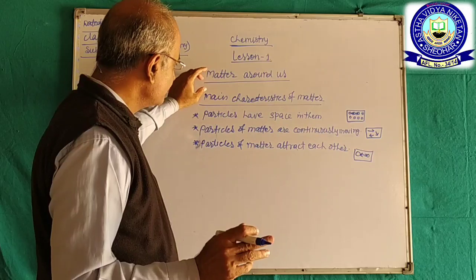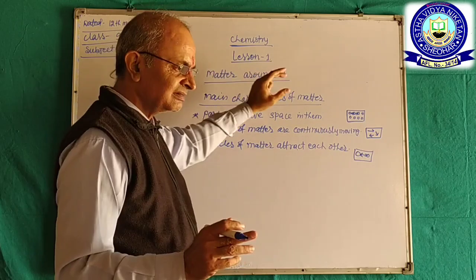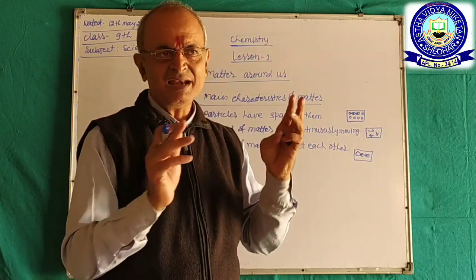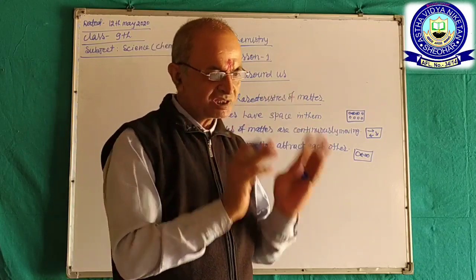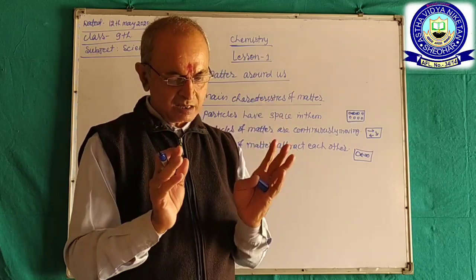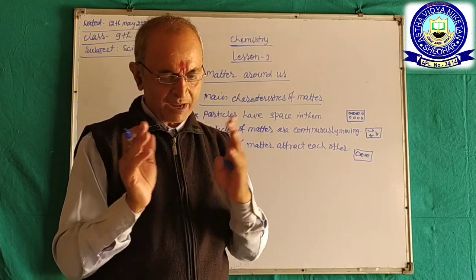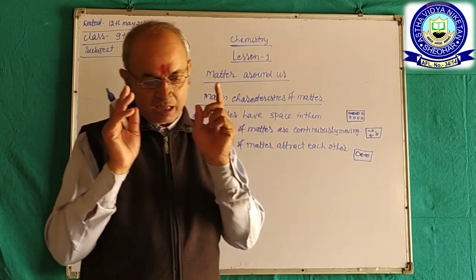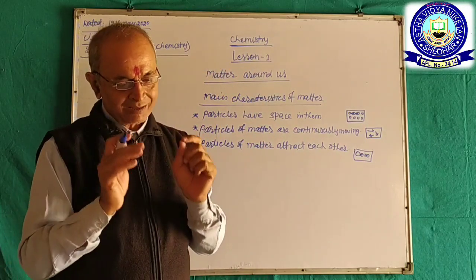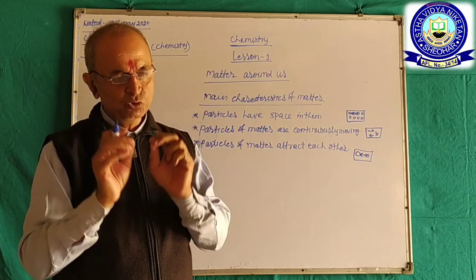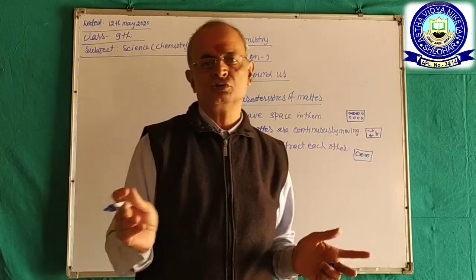Matter is anything that has mass and occupies space. The physical nature of matter is that matter is made up of particles, or we can say matter is particulate in nature. The particles of matter are very small, small beyond our imagination.